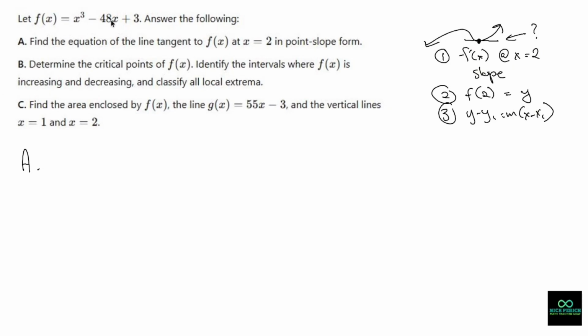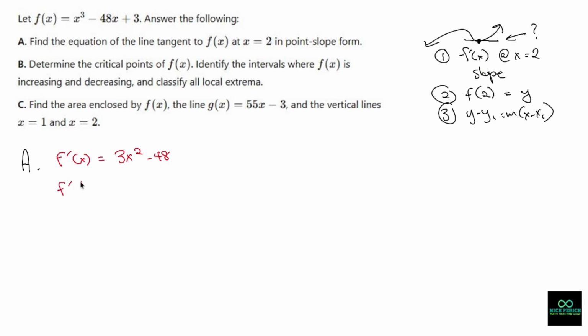So this is just power rule, nothing. So f prime of x is going to be the derivative of x cubed, which is 3x squared, minus the derivative of 48x, which is minus 48, plus the derivative of 3, which is nothing.